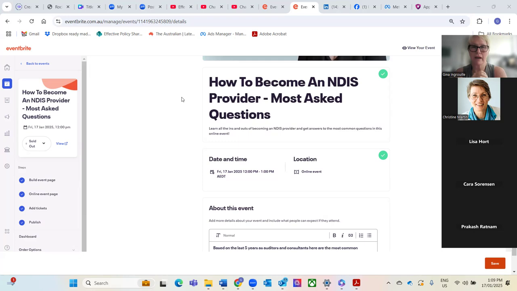They're usually accountants that are registered as plan managers, and you don't have to be registered at this moment, but in time you will need to be. So you're either getting paid by a plan manager, the NDIS themselves, or a self-managed person who is in charge of their own funding. They will pay you directly. So three ways of being paid.